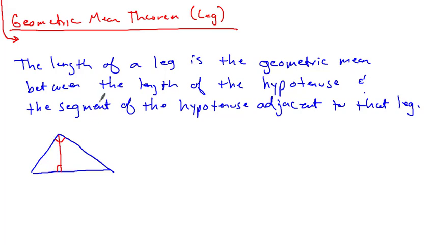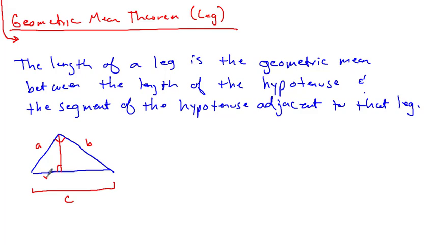Okay, so it says the length of a leg, so that's these legs here, the legs of the right triangle. Right? There's legs and a hypotenuse, so this is A and B. So the length of a leg is the geometric mean between the length of the hypotenuse, well that's going to be C, and the segment of the hypotenuse adjacent to that leg.